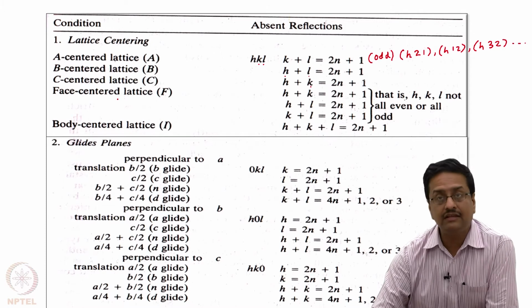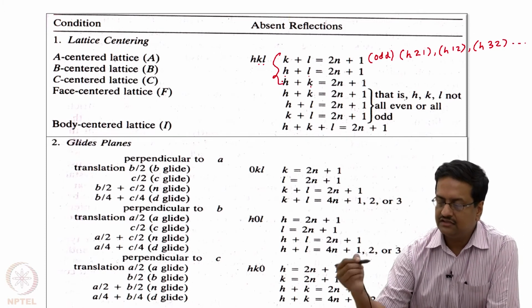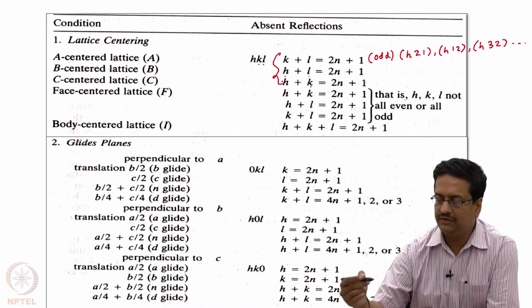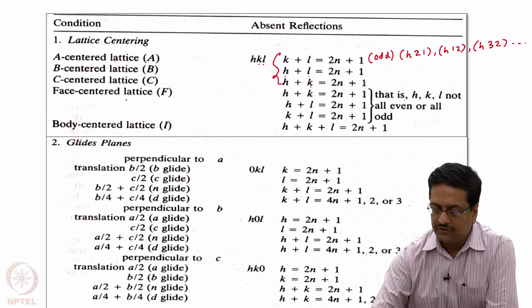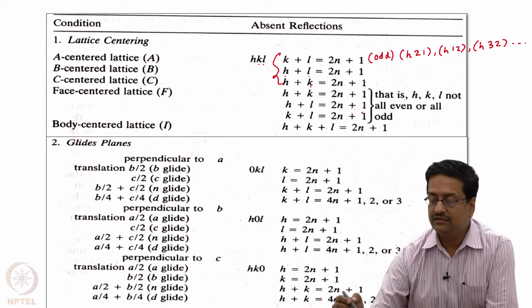Now, in case of a face-centered lattice, when all the three conditions need to be simultaneously fulfilled, that means for a face-centered lattice, in all the cases h plus k should be odd, h plus l is odd, k plus l is odd. That means h, k and l not all even or all odd.